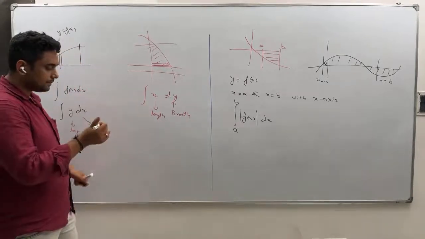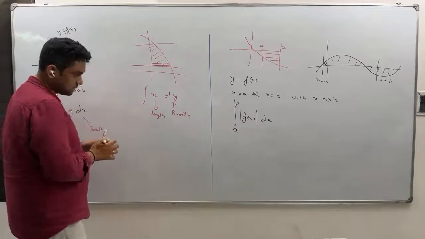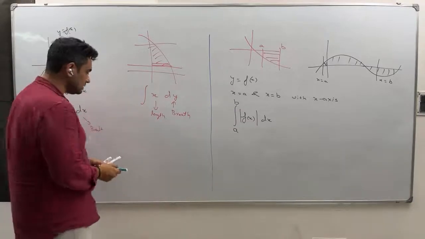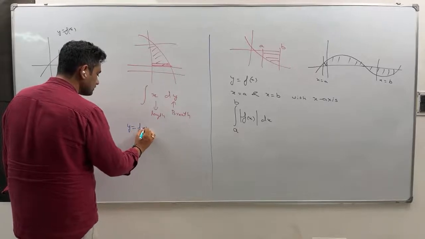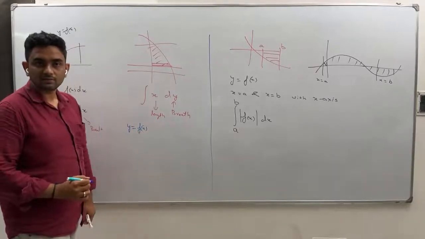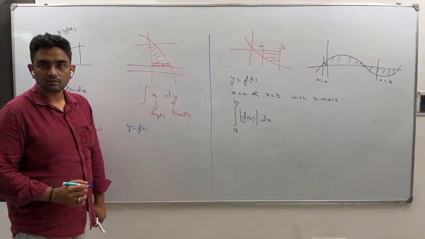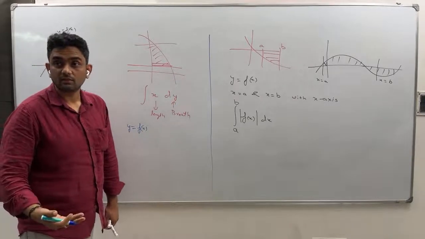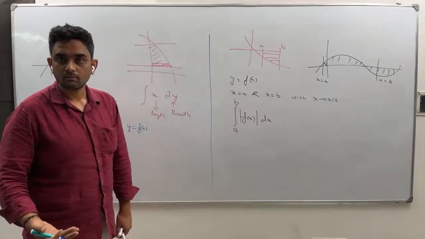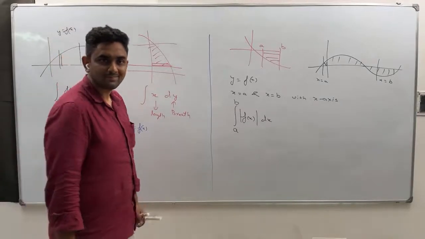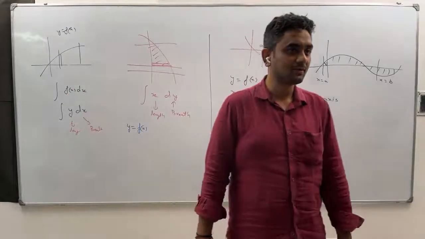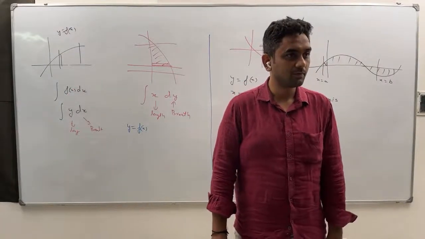Now, if we have a function and the function is y equal to f of x, so what will be x? It will be f inverse y. All of you know what is the inverse function? Yes or no? No. Okay.